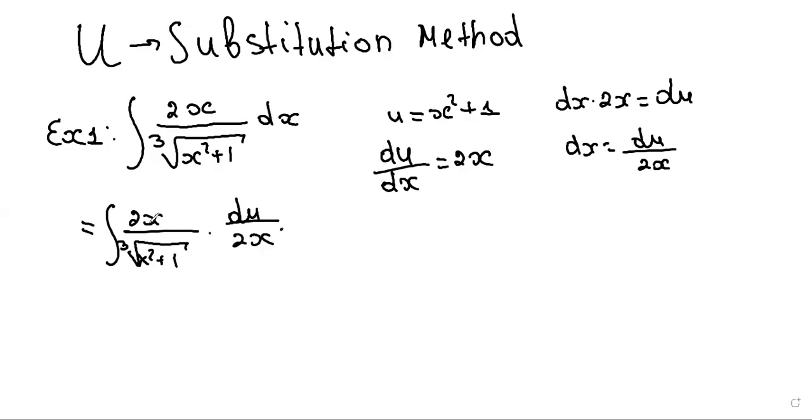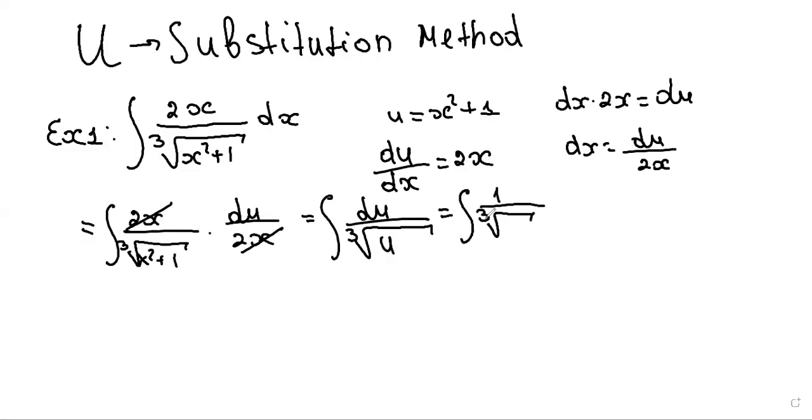When we write this, we will have du divided by the cube root, and x squared plus 1 we substitute by u, so we will have u. Then we write this as u to the negative 1 over 3 du.